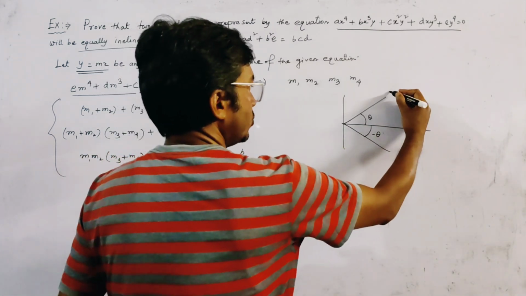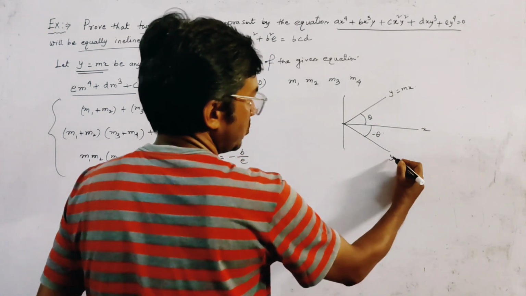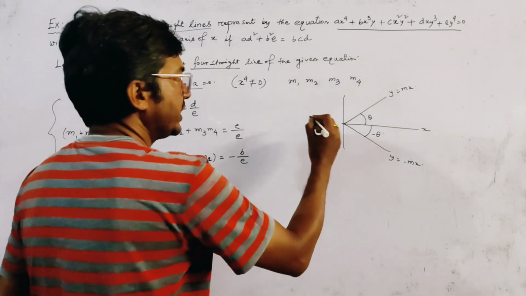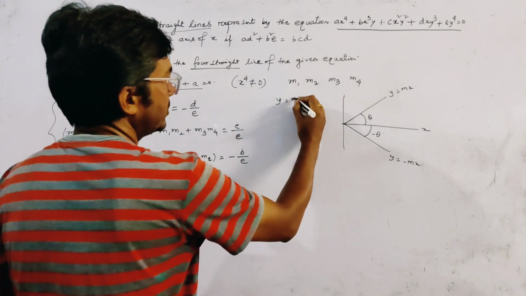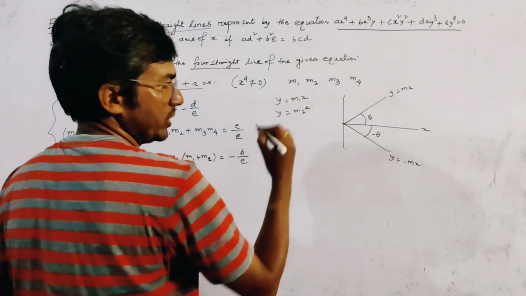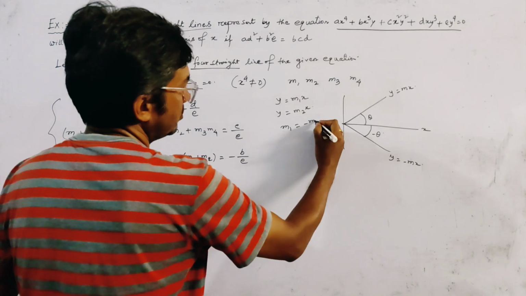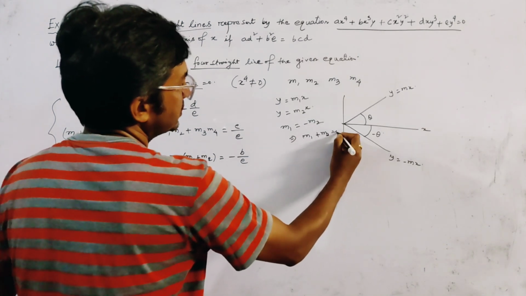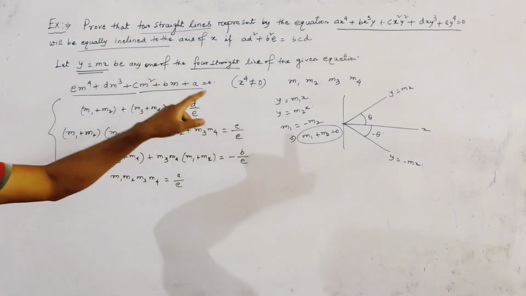So if the slope is y = mx, it must be y = -mx. So we get these two straight lines are y = m1x and y = m2x. Hence we must have m1 = -m2, that is m1 + m2 = 0. This is from the given condition.